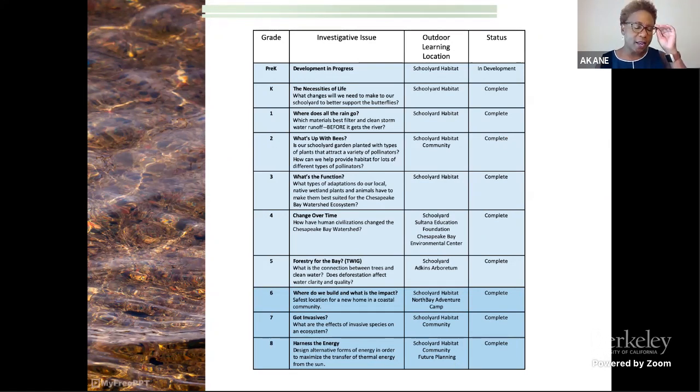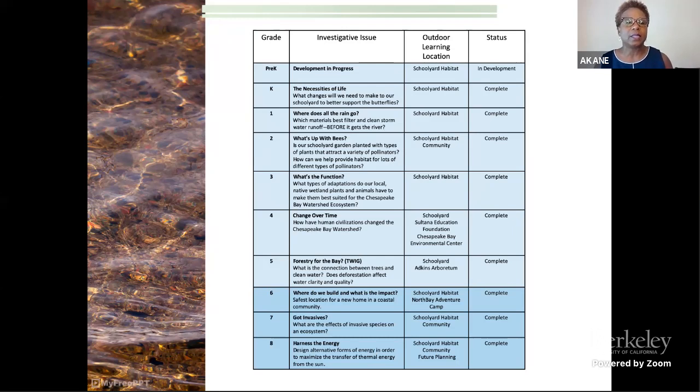What you're looking at is microscopic, but I'm happy to provide it for anyone who is interested in having it. This is the Queen Anne's County Public Schools environmental education, if you will, literacy matrix. And so it ranges from pre-K to grade 12. There is a major focus in investigative issues across grade levels.